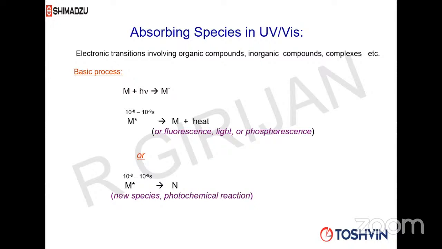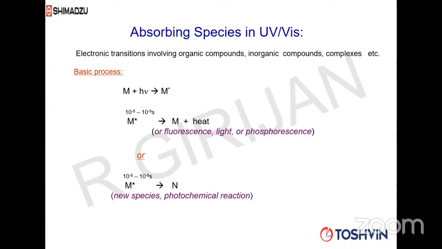M is the ground state, M star is the excited state. But this excited state cannot remain there for a long time. Its shelf life is extremely low. Immediately it will try to come back to the ground state. M star will come back to M, and in that process, it will give out the energy that was consumed in different ways.